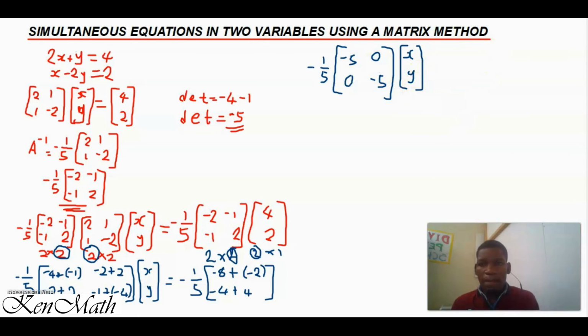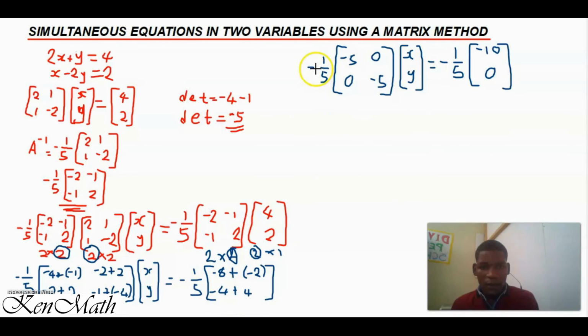And then we say equals, we start negative 1 over 5, we open, negative 8 plus negative 2, it's negative 10, so negative 10 there, and then negative 4 plus 4, it is 0, because different signs, same number, 0.